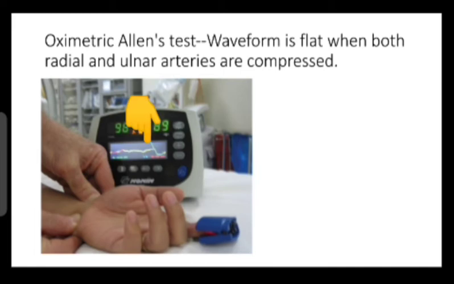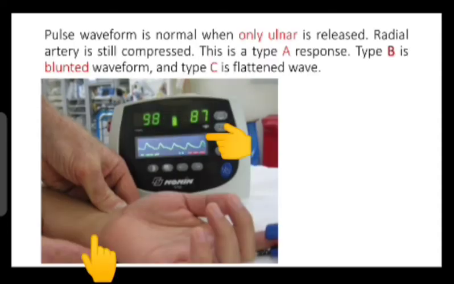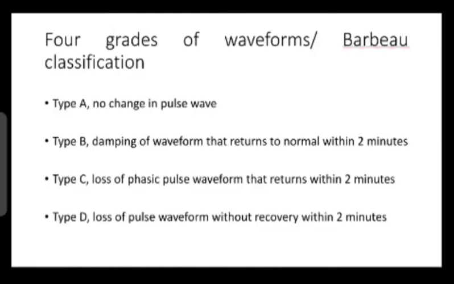Waveform is flat when both radial and ulnar arteries are compressed. Pulse waveform is normal when only ulnar is released, radial is still compressed. It is called type A response. Type B response is blunted waveform and type C is flattened wave.